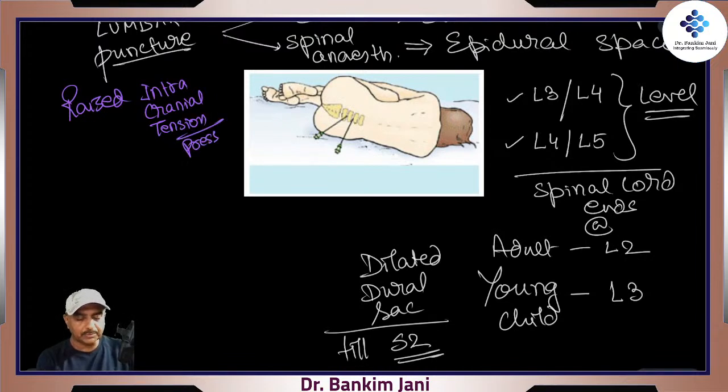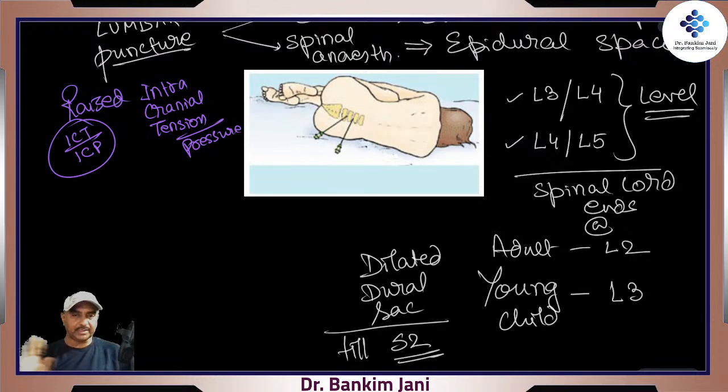In various books, sometimes it would be written as ICT or as ICP, but basically it means the same, raised intracranial pressure. Now, why should the pressure be raised? Well, we know that this area is filled with CSF, cerebrospinal fluid. So either there is more secretion of cerebrospinal fluid or less absorption of it, or there is a tumor which is obstructing this flow.